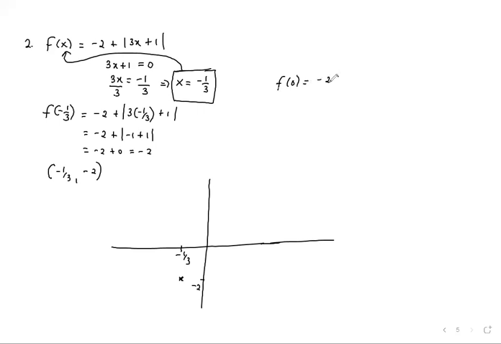That is -2 plus the modulus of 3 times 0 plus 1, giving us -2 plus 1, which is -1. So we get 0, -1, meaning that it will cross there. So this is -1. On the left, obviously because it has gone up, this side it will also go up.